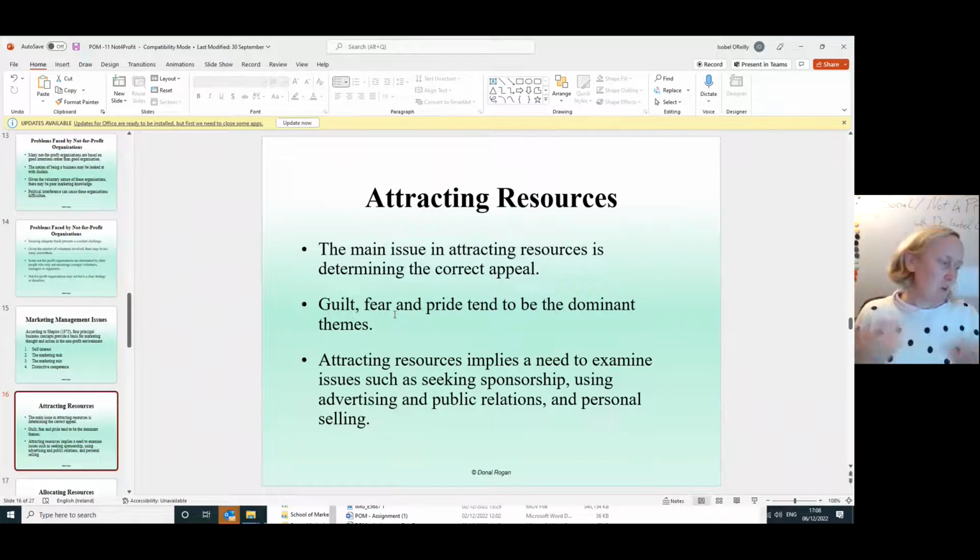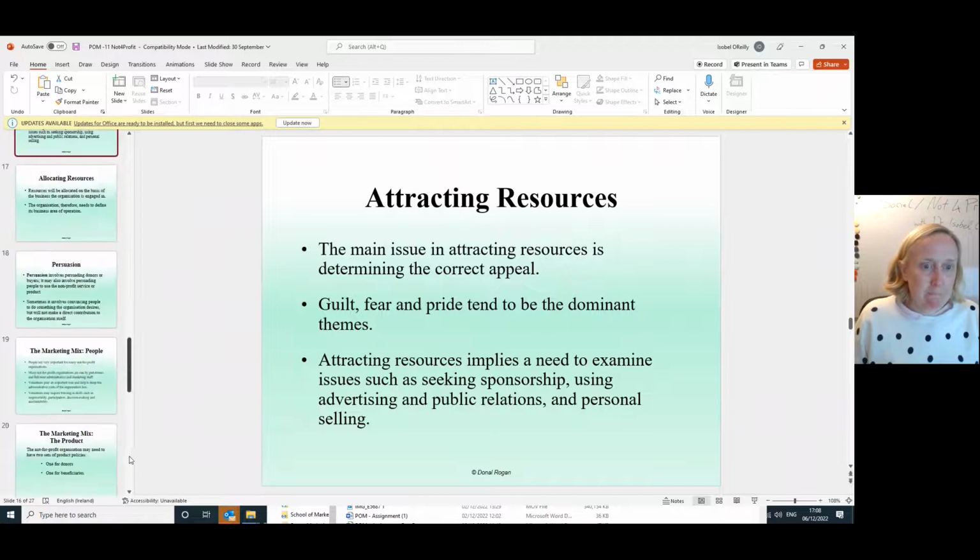So you feel proud. The feel-good factor of donating is what pride appeal is all about. So those 3 are the dominant ones in the not-for-profits. Attracting resources implies the need to examine issues such as seeking sponsorship, using advertising and PR, and personal selling, obviously.